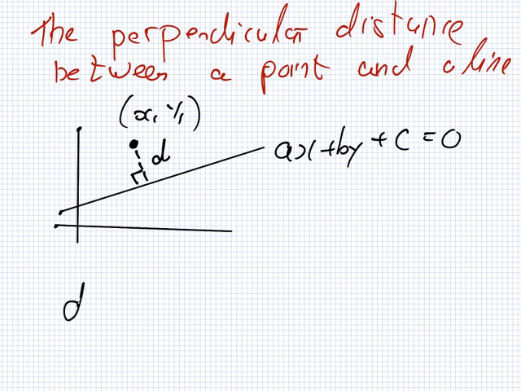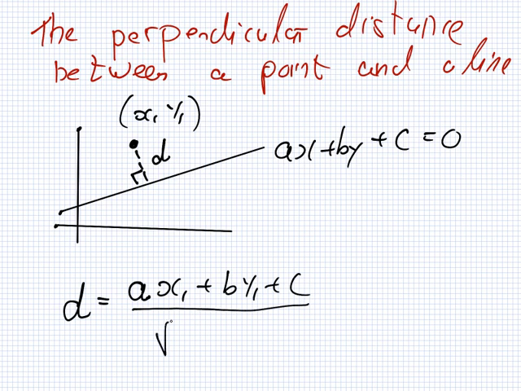So this formula is d equals ax1 plus by1 plus c all over the square root of a squared plus b squared.